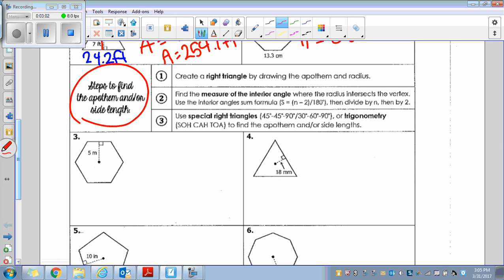My first step is to create a right triangle by drawing the apothem and radius. Well, they already drew the apothem for me. Let's draw the radius. Step 2 is to find the measure of the interior angles where the radius intersects the vertex.